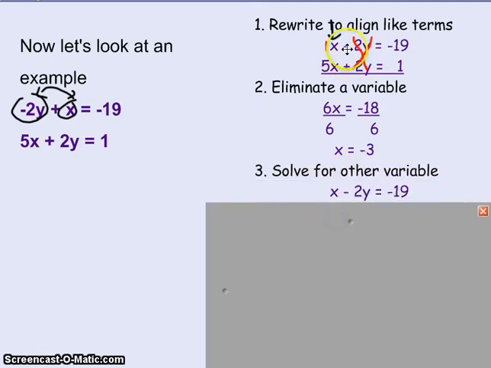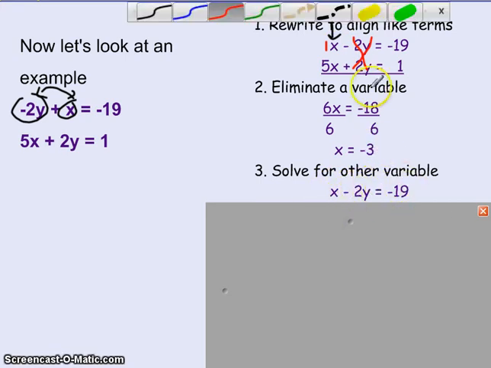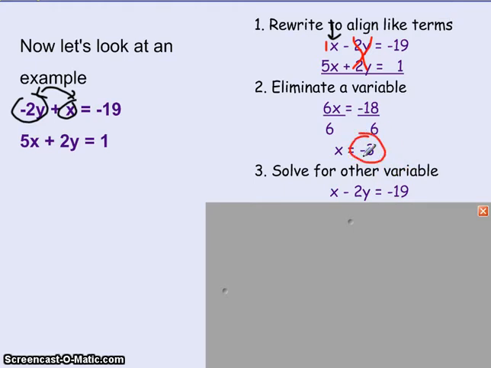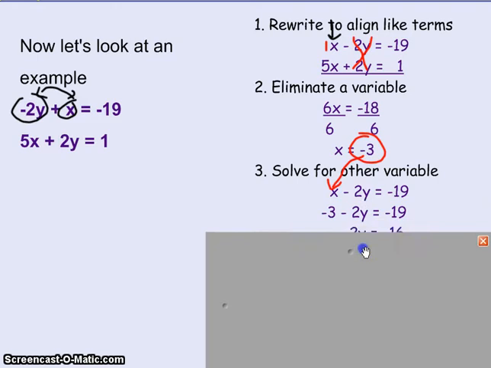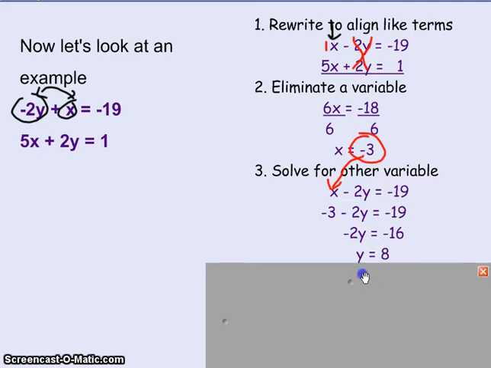I've chosen the first equation up here, x minus 2y equals -19. I'm going to take that -3 and substitute it into the place of the x, so I have -3 minus 2y equals -19. I add the 3 to the other side, giving me -16. I still have the -2y on the left hand side. I divide by the -2, so y would equal 8.